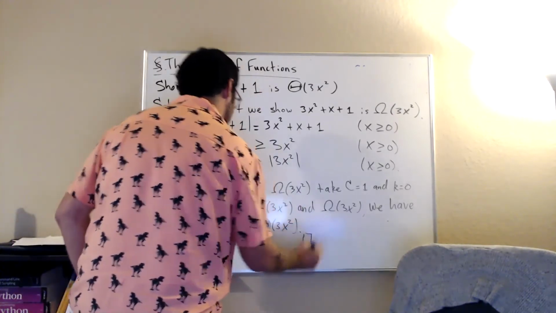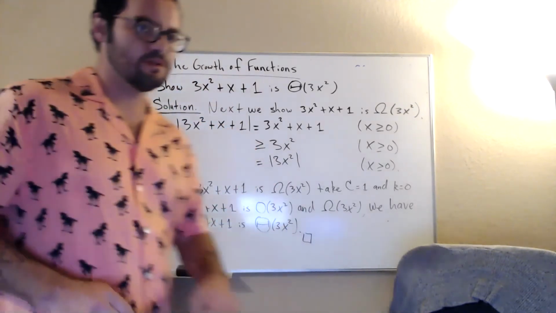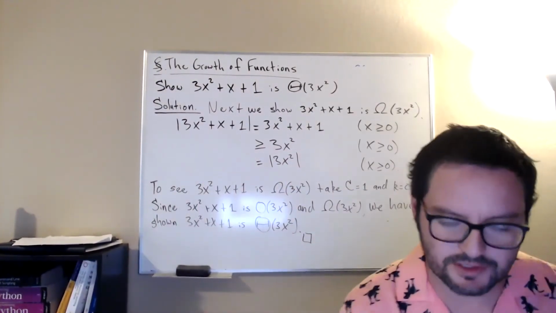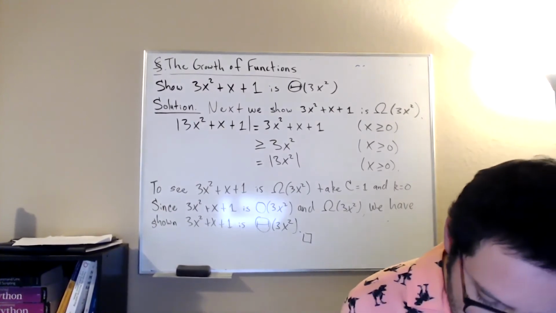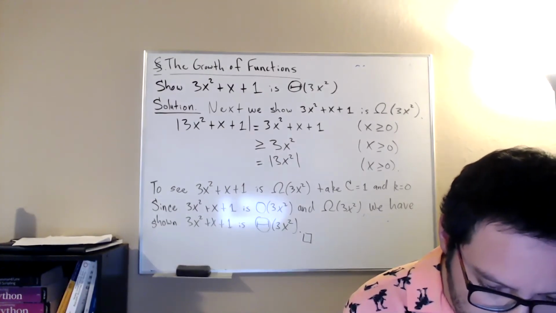And then that's it. Okay, so I guarantee there will be a question like this on the first exam. Let me see if I can pick some other ones that look similar, just to give you some more examples.